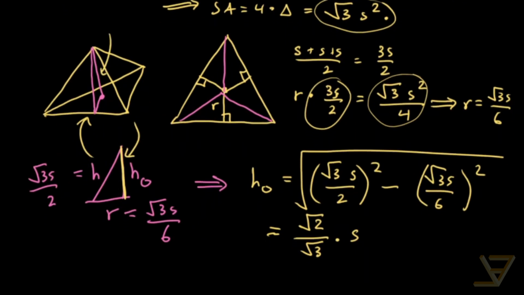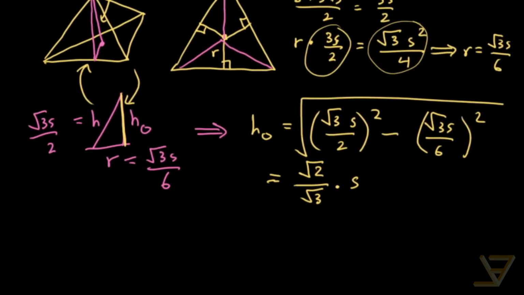So what that allows us to do is find the volume of the pyramid, because the volume is equal to 1/3 of the area of the base times the height of the pyramid. And that's something you need a bit of integration to prove in general for pyramids.